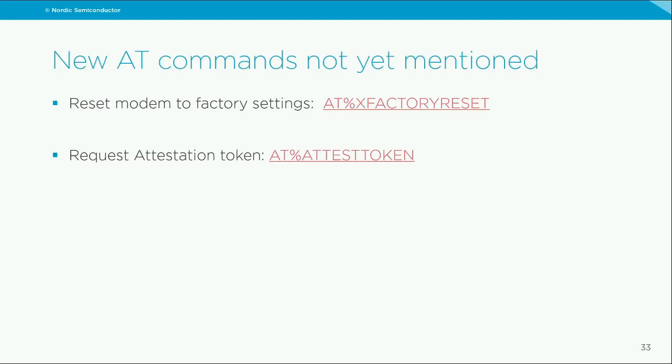It will give back an answer which will authenticate that this is a real nRF9160 system in package. And we also have updated different AT commands, and for the full list I really encourage you to check out the updated AT reference manual for more details.